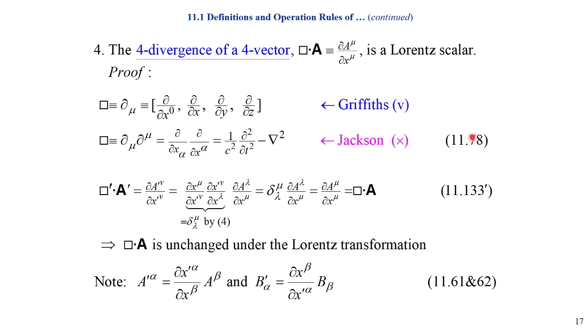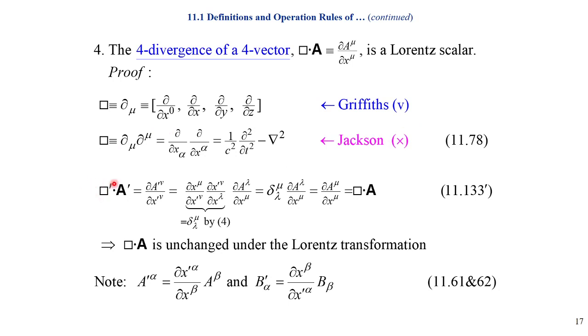In 11.78, he defined the four-dimensional del as this one. So it's incorrect. The correct form is the square. Okay, Griffiths is correct. We will correct Jackson's typo later on the next page.